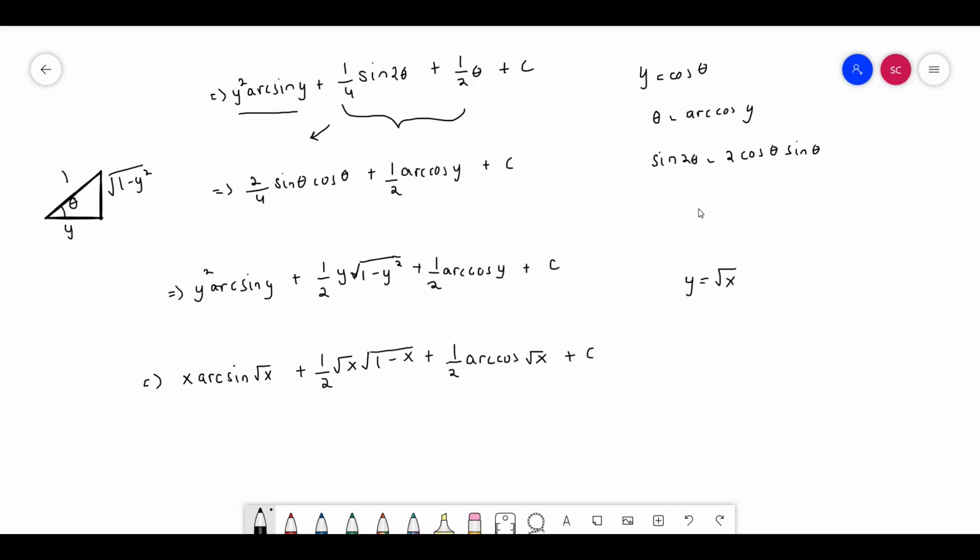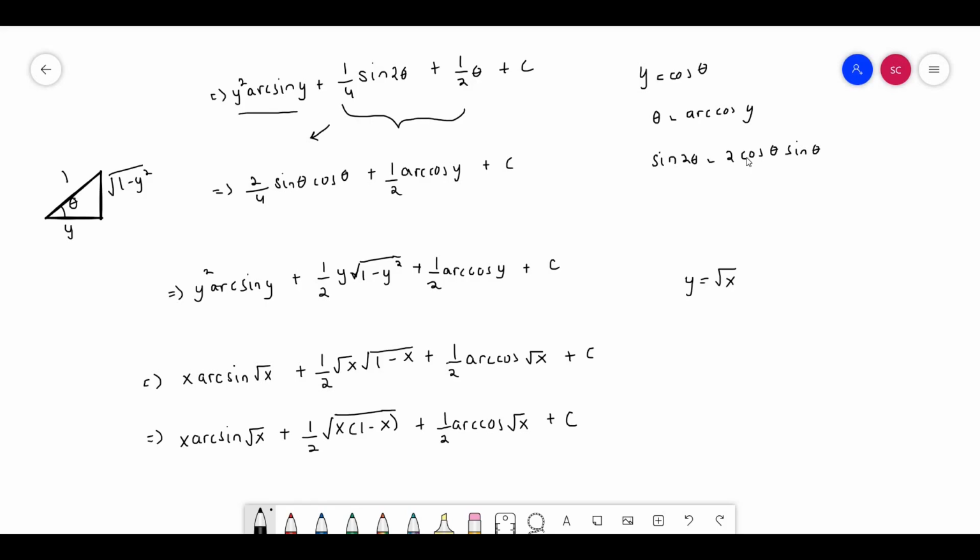Let me rewrite this to make it look slightly better. So x arcsin root x plus half root x times 1 minus x plus half arc cos root x plus c. So this is our final antiderivative.